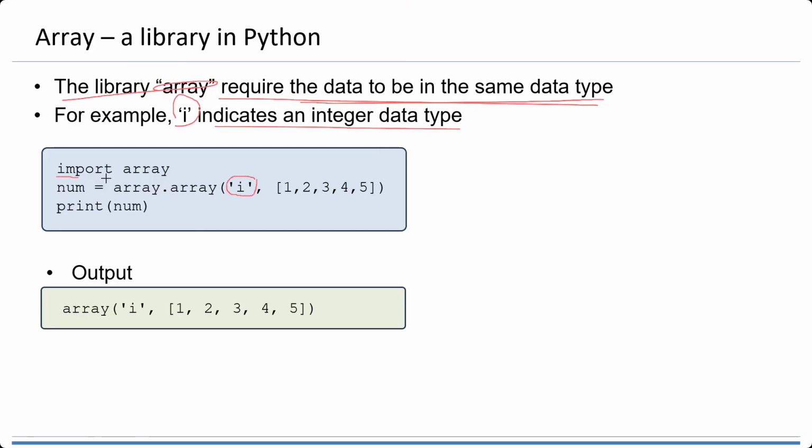So you need to import array, and then num will be an array of integer type with the list 1, 2, 3, 4, 5. Using this array, the computational cost will be very efficient compared to the list.